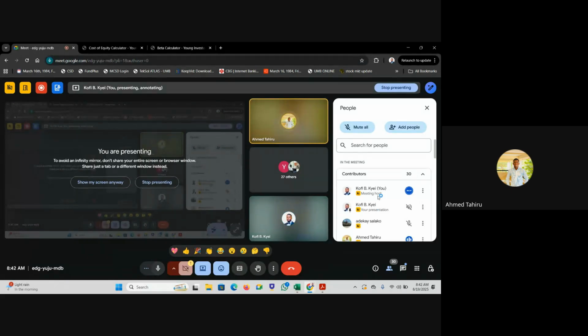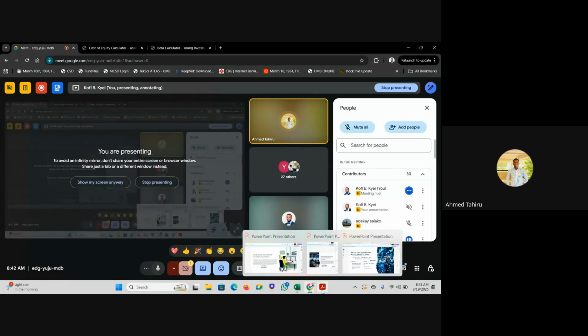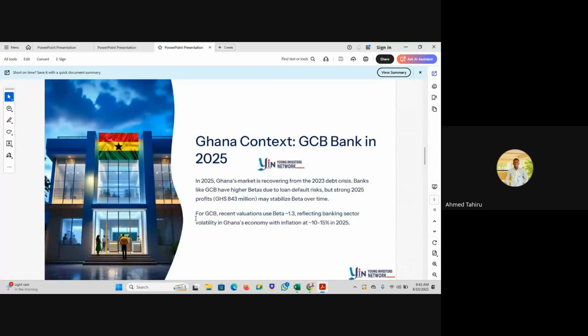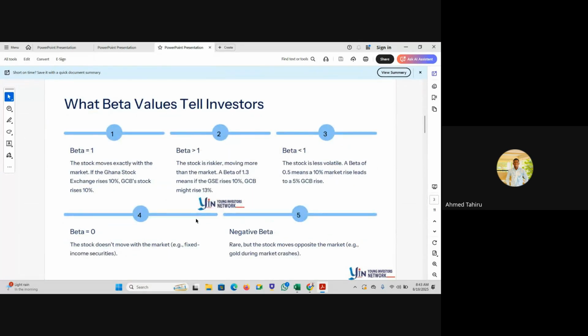Please, I have a couple of questions. The first one has to do with the beta. I want to know if it is possible that a company has a very low beta, but can be very risky in Ghana, probably due to liquidity issues or government policies. Then the second one also has to do with beta.